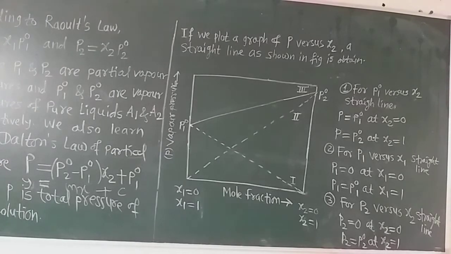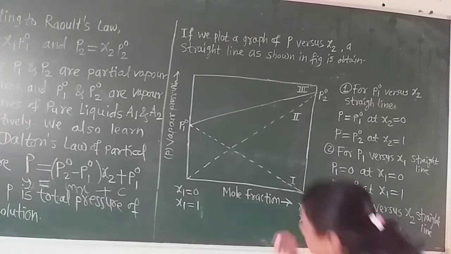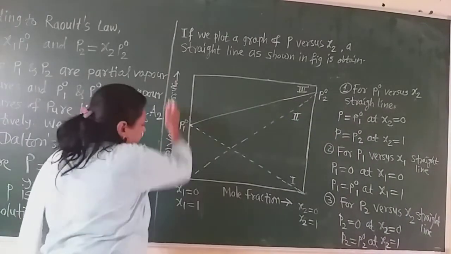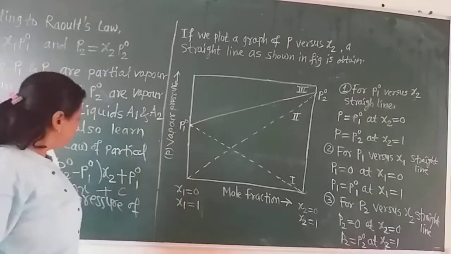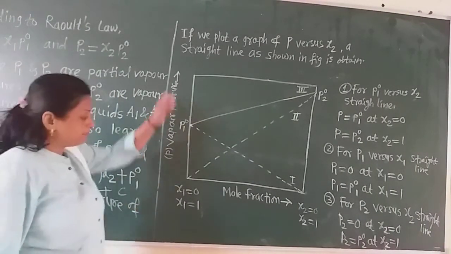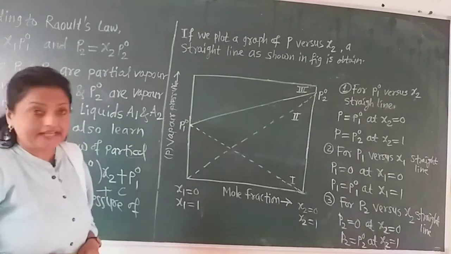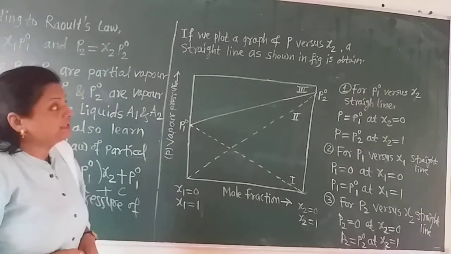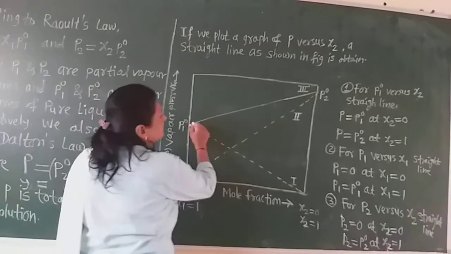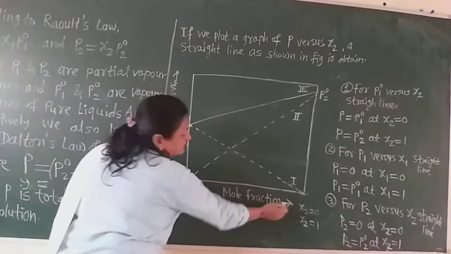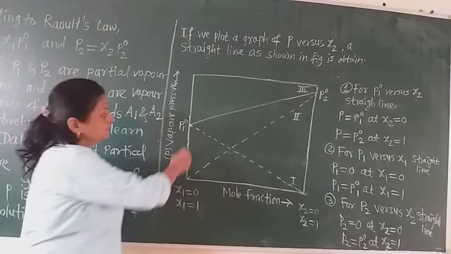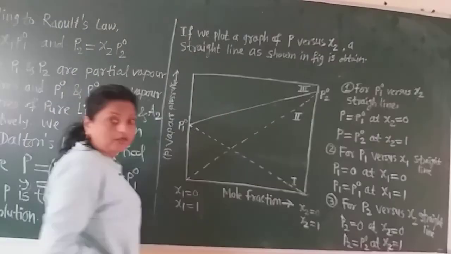This is P, the total vapor pressure of the solution, and this is the mole fraction. If we plot a graph of vapor pressure and mole fraction x2, a straight line is obtained as shown in the figure. Vapor pressure versus mole fraction, this straight line is obtained.